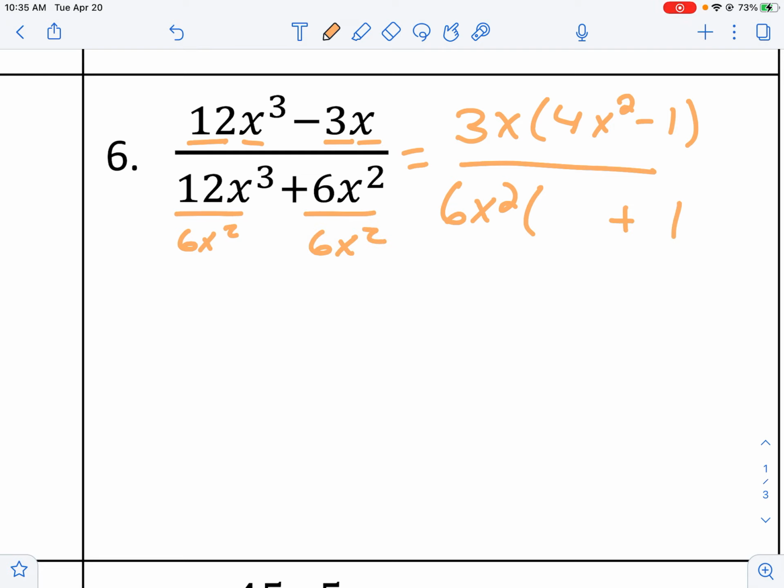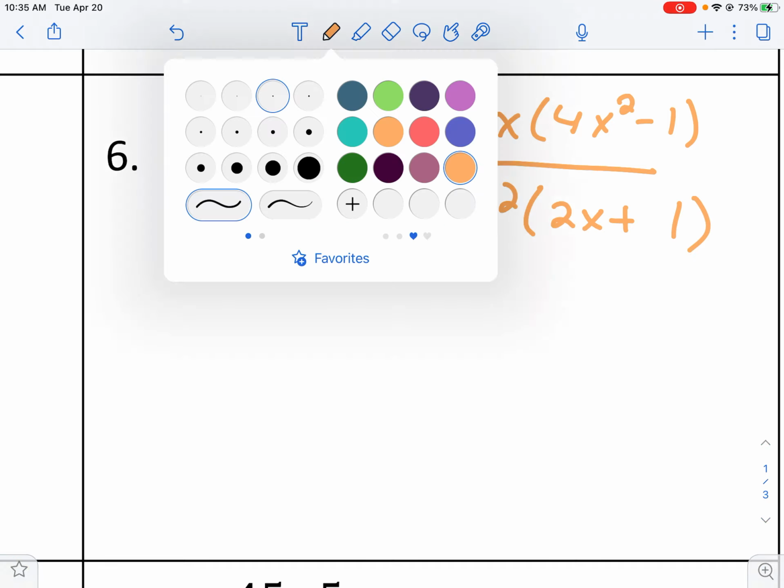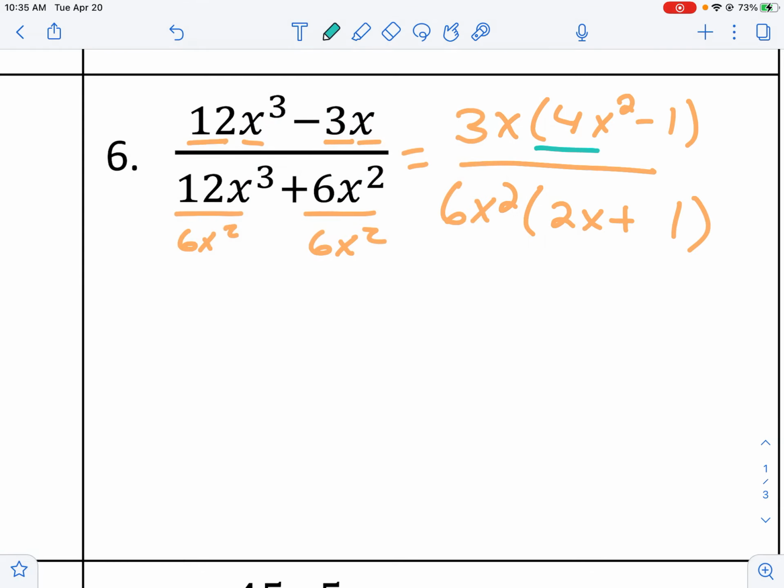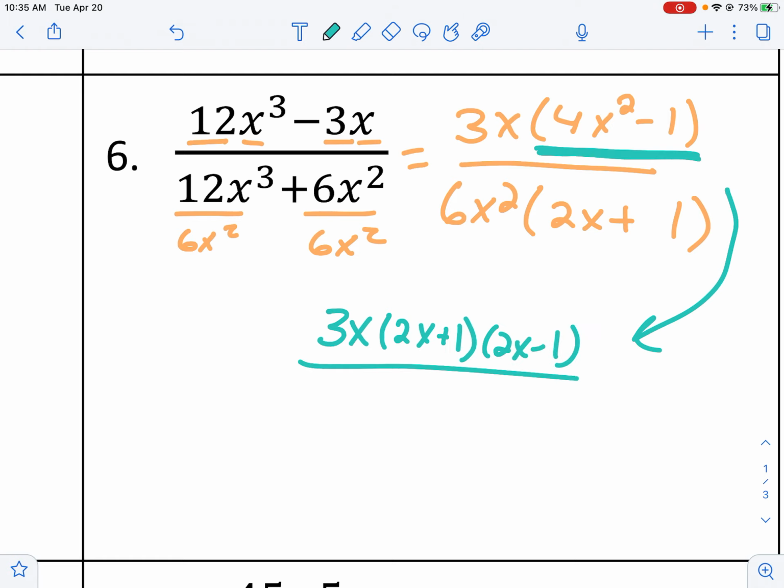So that's plus 1 on the end, and then that's going to be 2x in the front. And then we can take this 4x squared minus 1 and factor further. So that's 3x, 2x plus 1, 2x minus 1, divided by 6x squared, 2x plus 1.